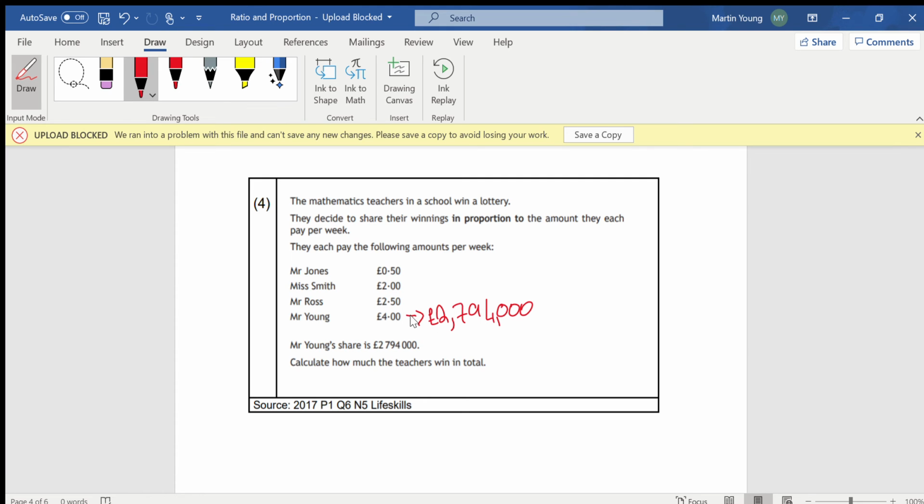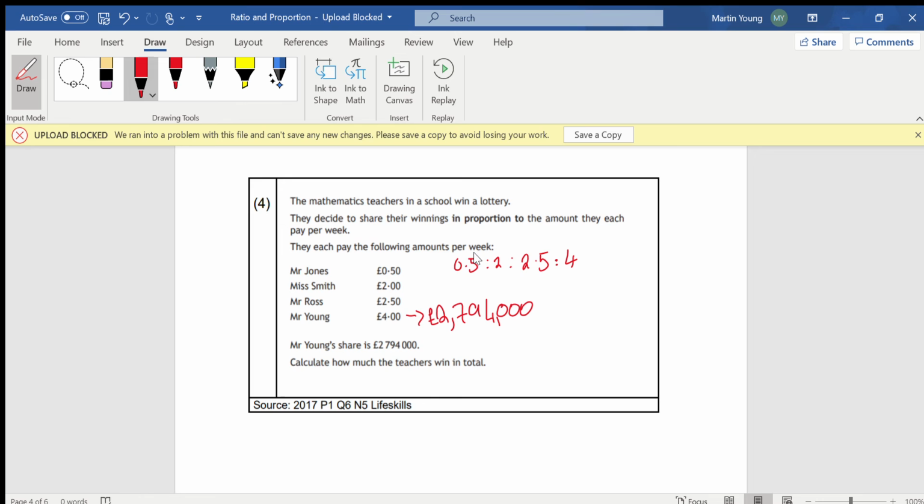So he gets that amount, and that is worth, if we think about it in monetary terms, 4 shares. Somebody gets 0.5, somebody gets 2, somebody gets 2.50, and somebody gets 4. So just to rewrite that, it would be 0.5, 2, 2.5, and 4.